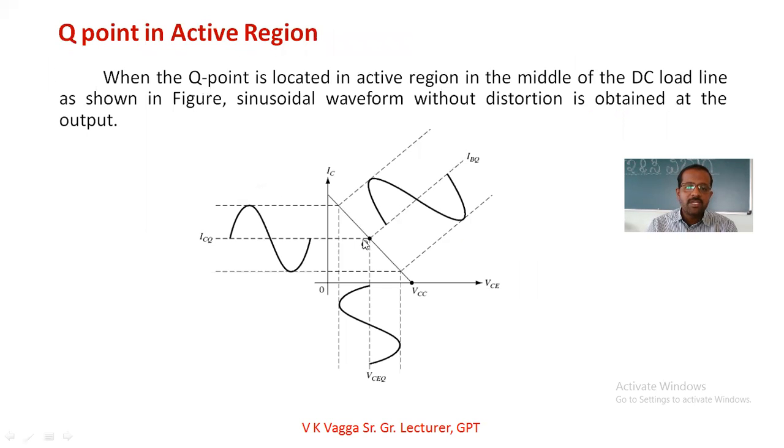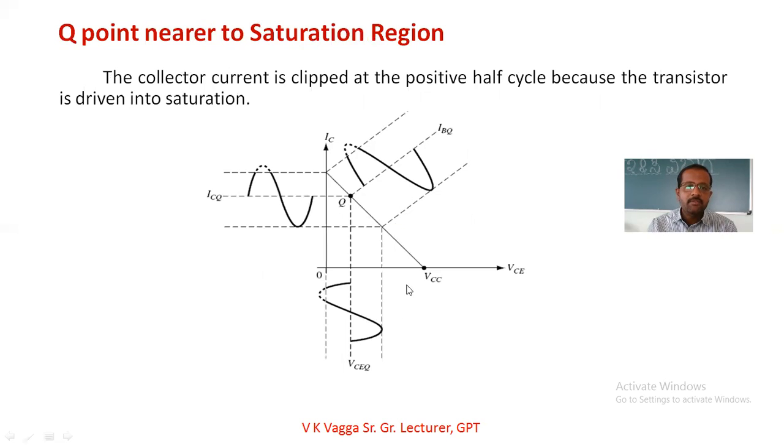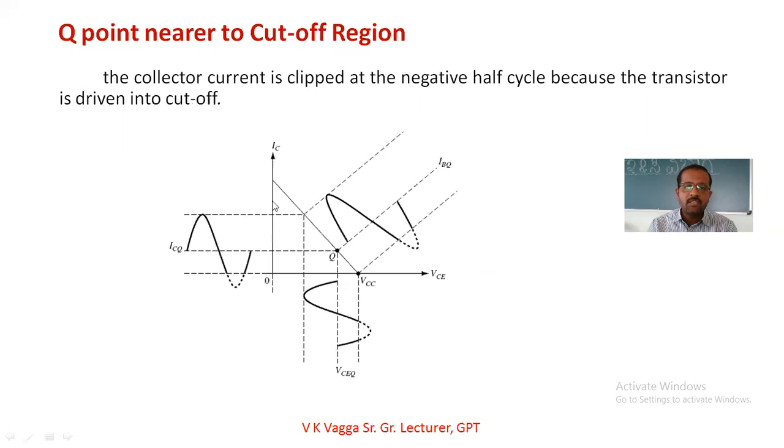If the Q point is exactly in the middle of the active region, the entire signal is obtained. If the operating point moves near saturation, some part of the positive cycle will be clipped. In the same way, if it moves near the cutoff, some part of the negative half cycle will be clipped off.